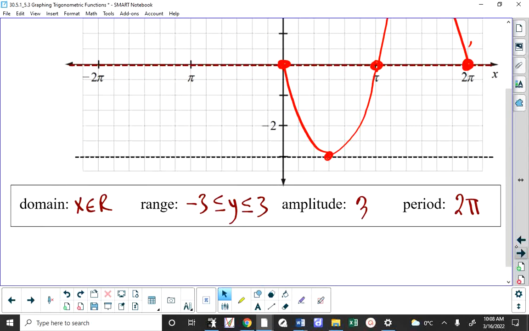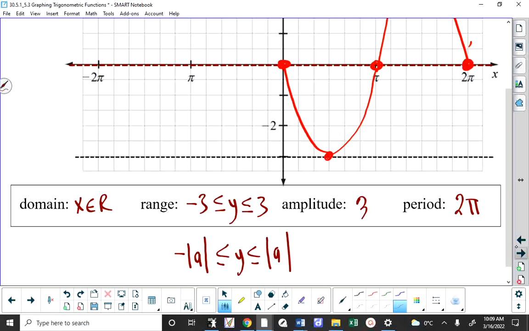It reflected it, but it didn't play a role in what the range was or what the amplitude was. And this is what I was going to say earlier. This will always be your range. Your amplitude will always be whatever the absolute value of A is.